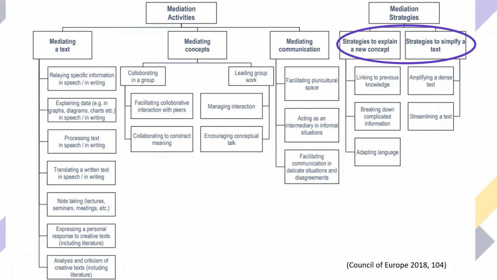So some overlap with what we were speaking about earlier, things like rephrasing, paraphrasing. Again, at A1 and A2, we're not expecting the world of our students, but it's good to bear these strategies in mind when planning our activities and trying to pull out that thread of mediation through them.